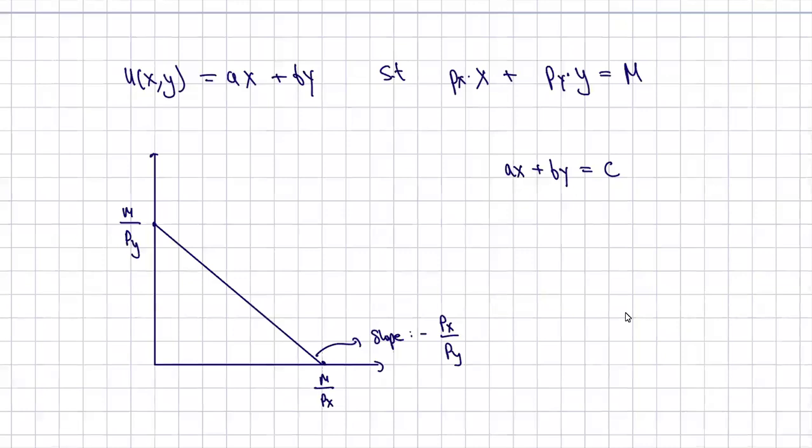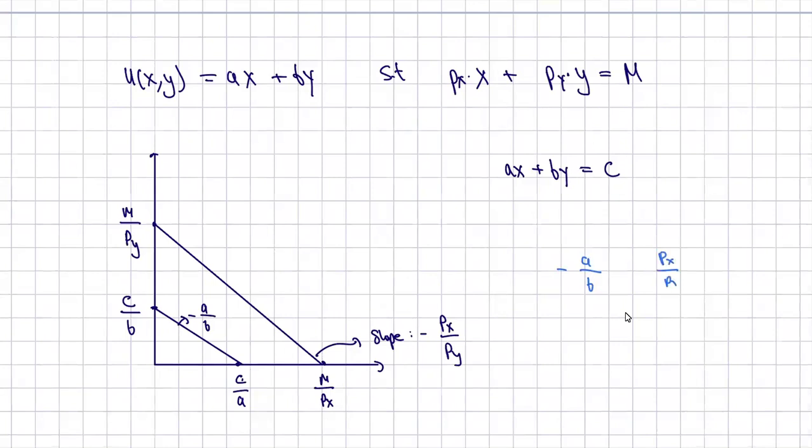If x is 0, the intercept is c divided by b, and the other intercept is c divided by a, so it's a linear indifference curve. The slope is minus a over b, since it's negatively sloped.